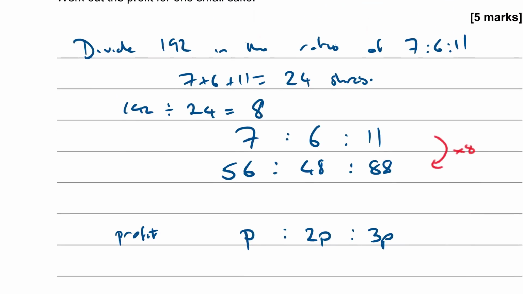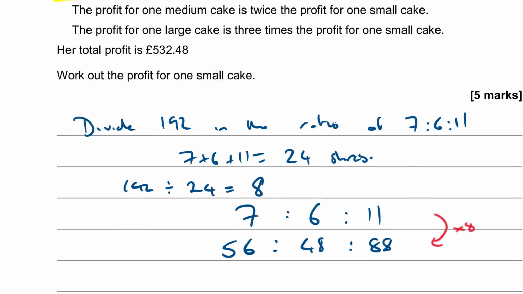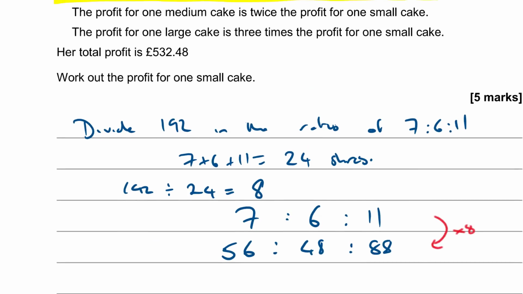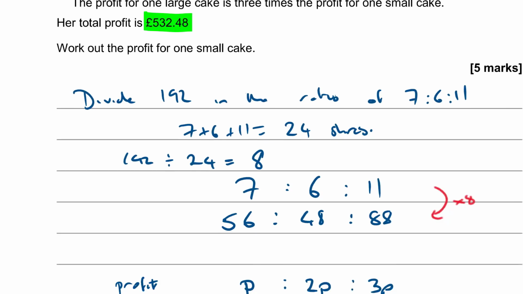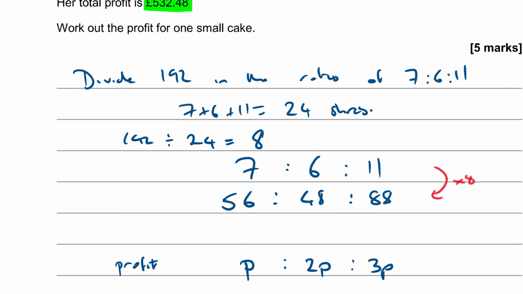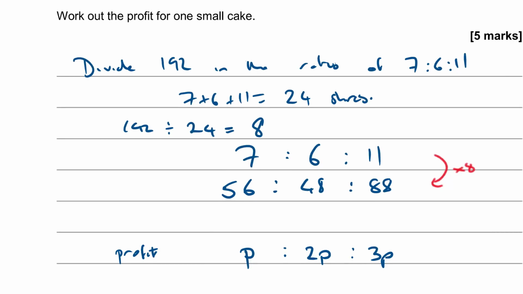Now we know that the total profit is £532.48. What I'm going to do is divide that by the number of p's. So I've got 56 small cakes with a profit of p, 48 medium cakes with a profit of 2p, and 88 large cakes with a profit of 3p.